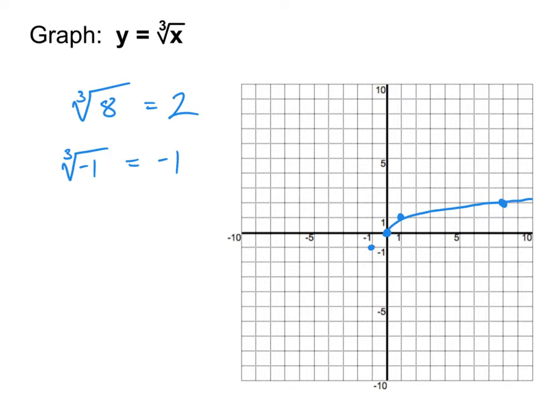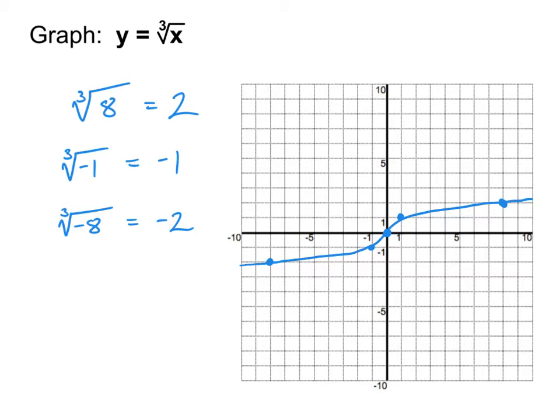Or to see another example, the cube root of negative 8 equals negative 2. Because negative 2 cubed, that is negative 2 times negative 2 times negative 2, is negative 8. And so if I go left 8, I end up going down 2.